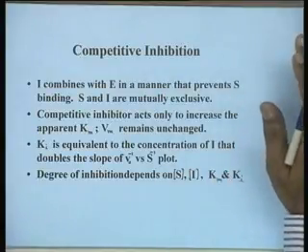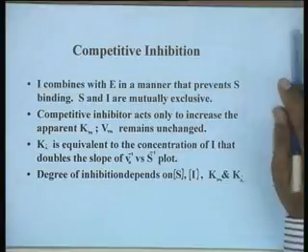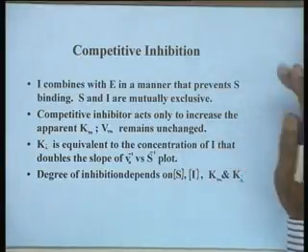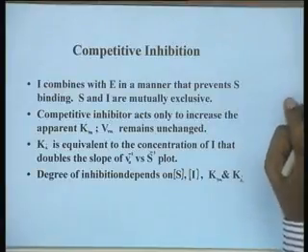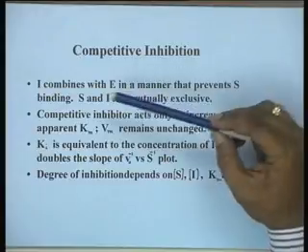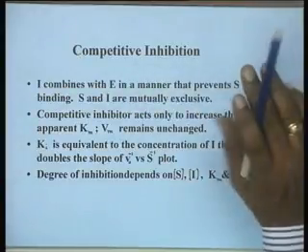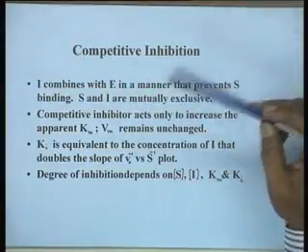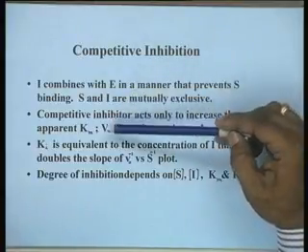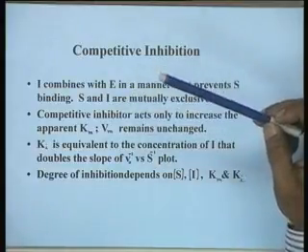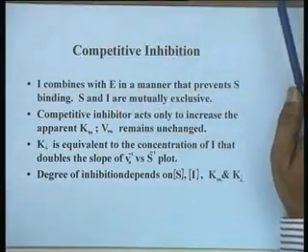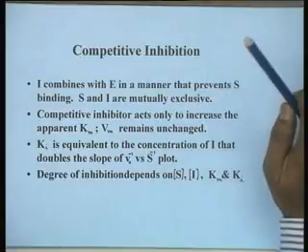It may occupy the same binding site, it could also interfere with the binding due to steric hindrances in such a way that the binding of the substrate is prevented fully or partially, and essentially substrate and the inhibitor are mutually exclusive. Their effect on the kinetic parameters of the enzyme reaction is just to increase the apparent Michaelis-Menten constant. The maximum reaction velocity remains unchanged.